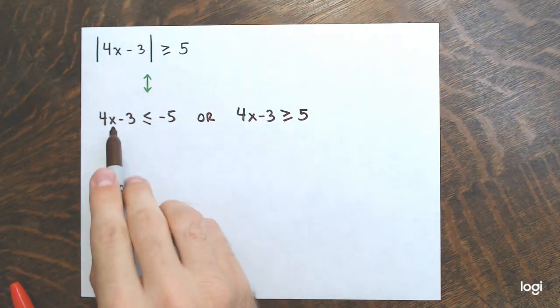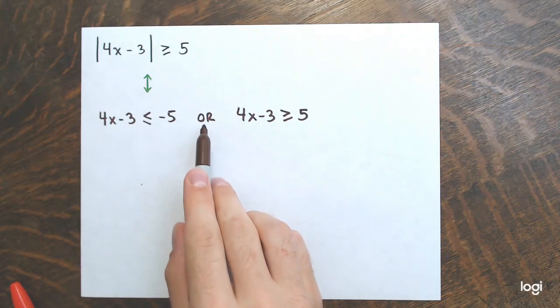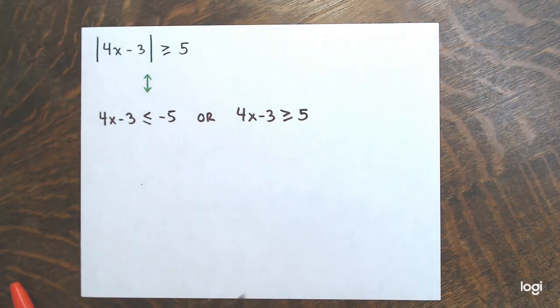All right, so here's my equivalent compound inequality involving the word or. Wonderful. No absolute value symbols anymore. Then I just solve each of these, and we'll verify that they're pretty good solutions, and just do a few little quick checks, and then write the solutions in set builder and in graph and interval notation.